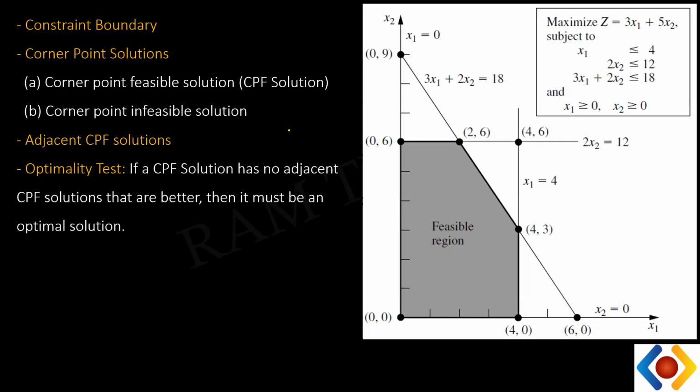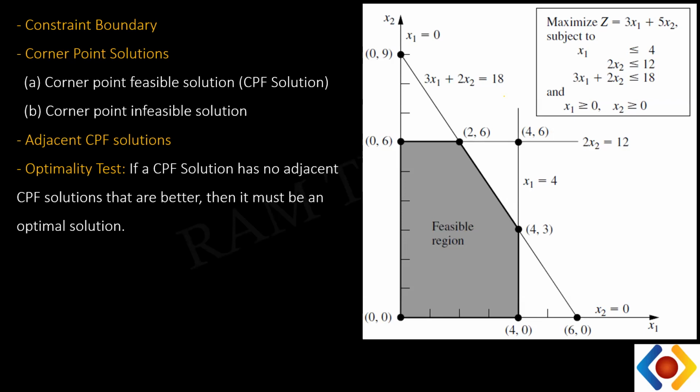Sir, we can say a constraint boundary is a boundary from which we take any value, and as Vihan said, it is the boundary of a feasible region. If we take any value from that feasible region, it will satisfy all the constraints that we have mentioned.